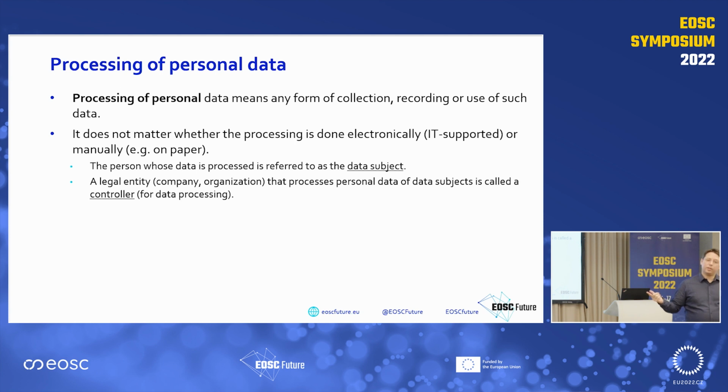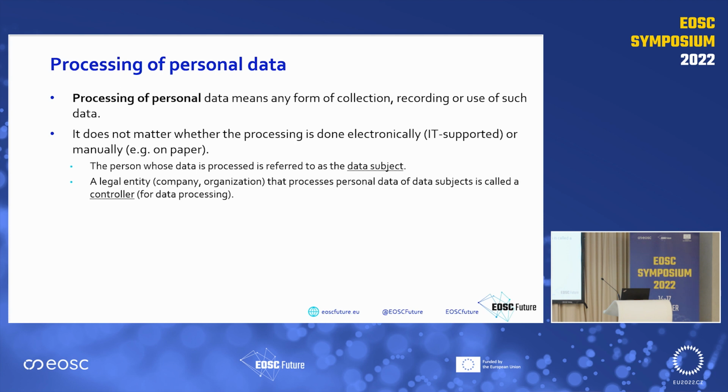So processing doesn't necessarily require transformation of these data. It can be just access, read, collect, store; everything is considered processing of personal data. And it does not matter whether or not the processing is happening in an electronic way or, for example, in a physical way. If I handed out to you a piece of paper and everybody would put their name on it, this would be an act of processing personal data.